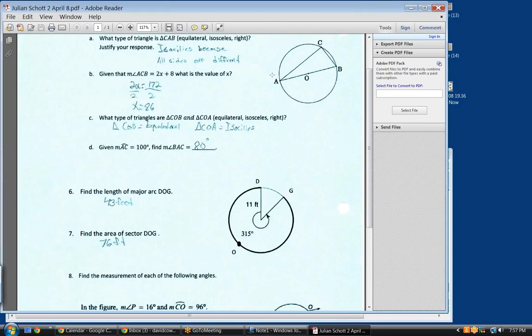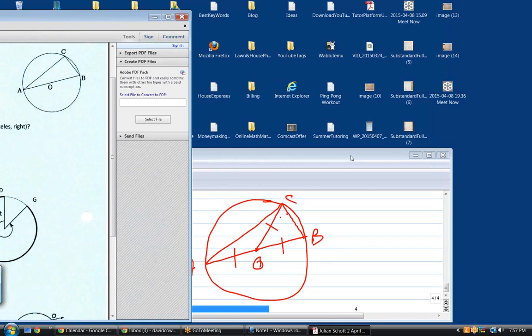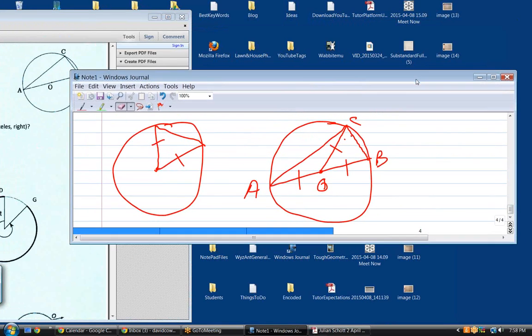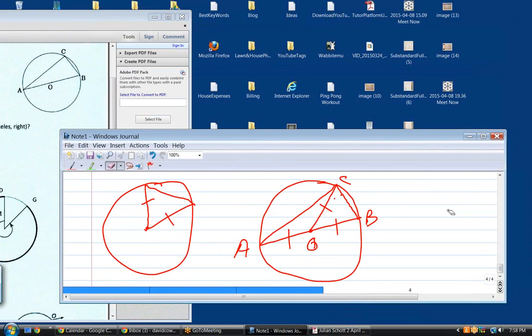Given the measurement of AC is 100, find angle BAC. Okay. This is 100 from here to there.